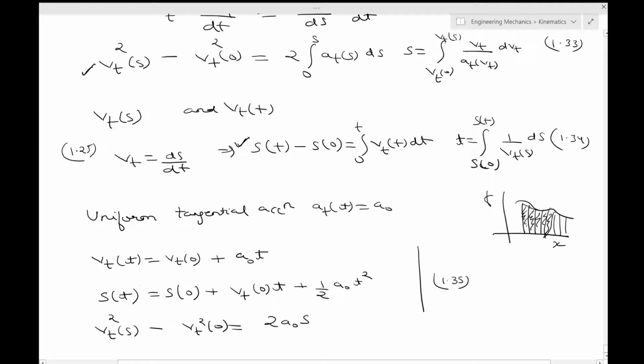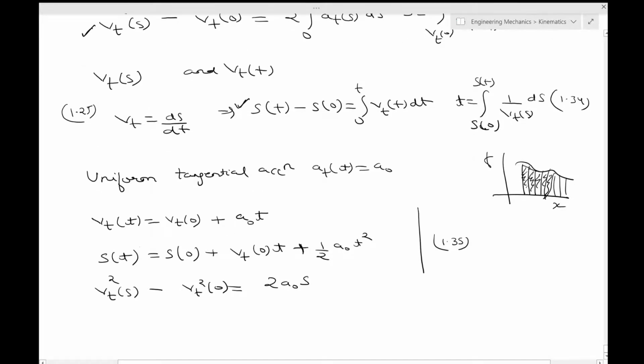So for a uniform acceleration, these are the formulas, and I hope that these are something which you can immediately recognize. Perhaps it took a much longer time and a lot of maths to come to this in this course, but I think you recognize it from your earlier studies.